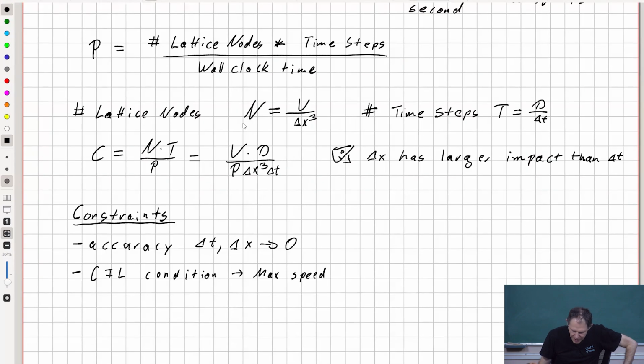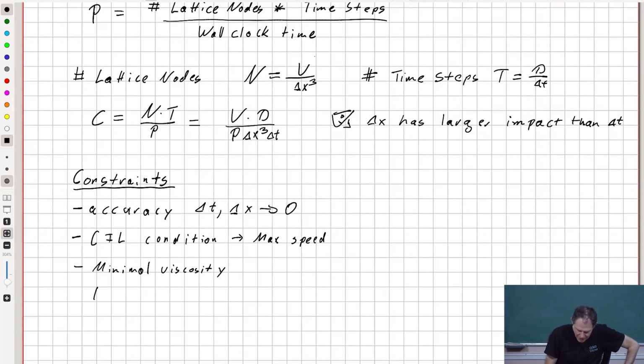And then something that's of importance today is that we have a minimal viscosity. So usually there is a viscosity beyond which the method is simply no longer stable. And now let's look at this, because this is important for us today.